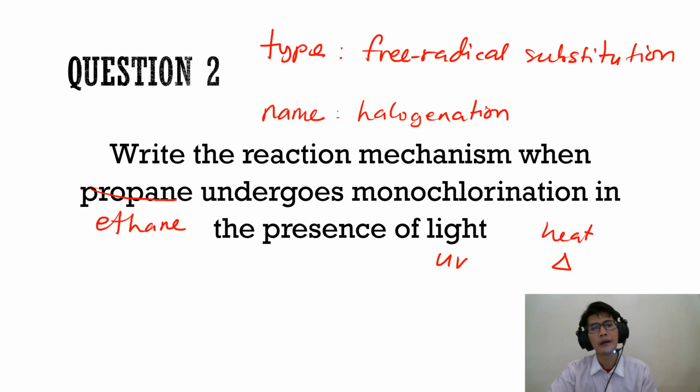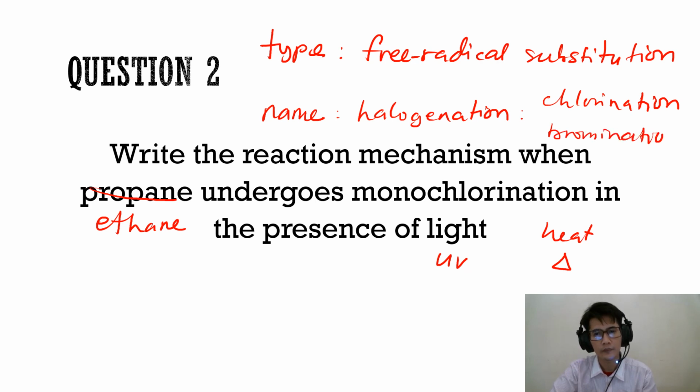Generally, we call it halogenation. If we use chlorine, as in this question, the name is chlorination. If we use bromine, the name will be bromination. Since we just want to replace only one of the hydrogens with the halogen, we need to put mono in front.